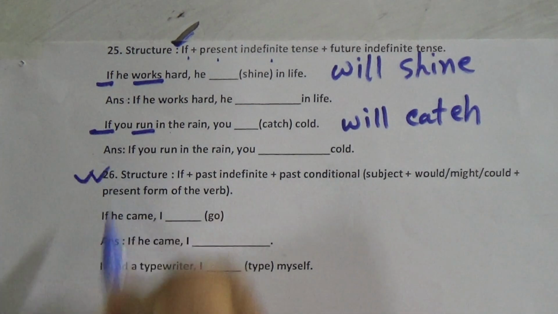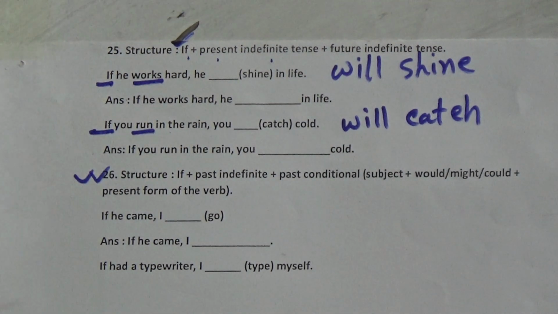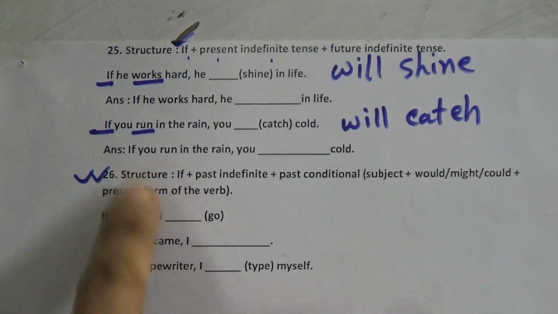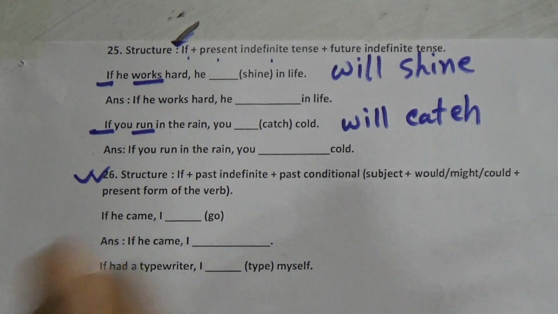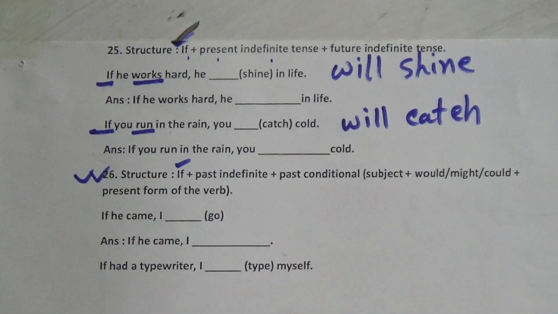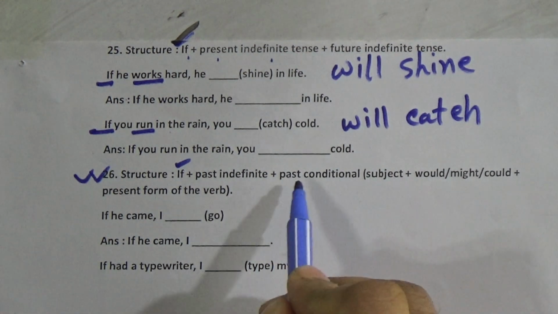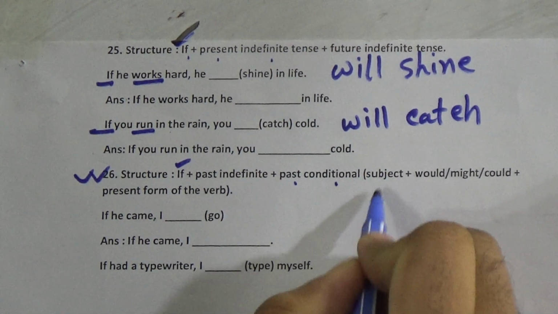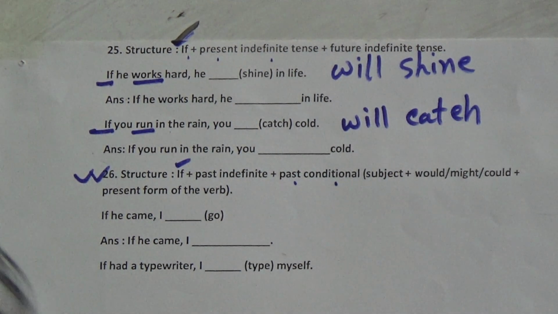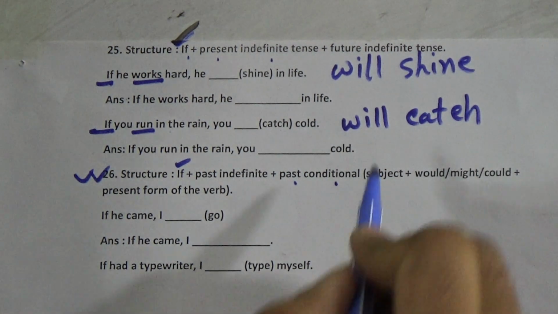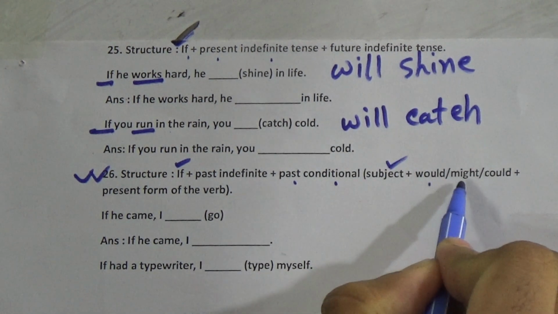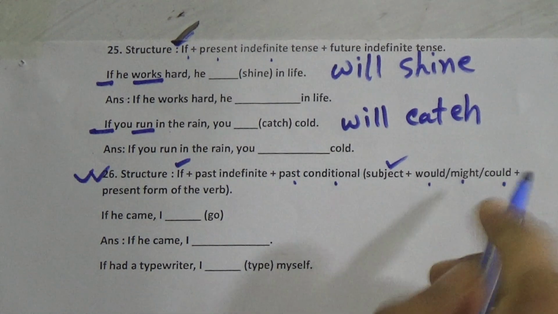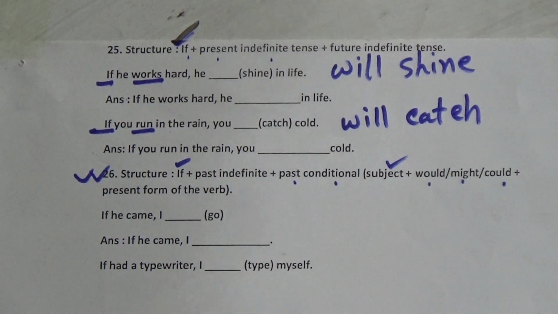Now rule 26, that means this is the second rule of conditional sentences. Structure: if plus past indefinite plus past conditional. Here I am saying about past conditional: subject plus would, might, could plus verb 1, that is called past conditional.